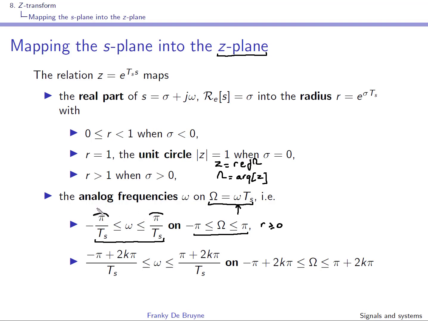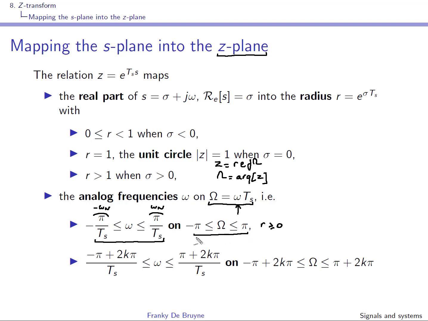So it ranges from minus the Nyquist frequency to the Nyquist frequency. So you can see here that in the s domain we have a central strip of width 2 pi over Ts, and this central strip is mapped on the entire z-plane.